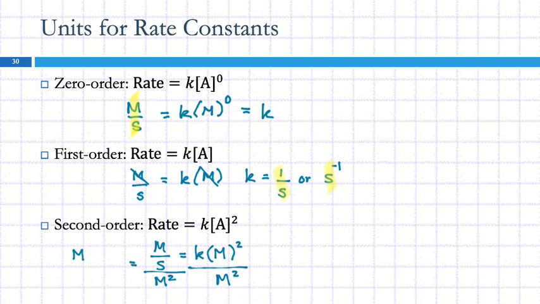That is the same as molarity over seconds times molarity squared. You may think, well, that doesn't look much better. No, it doesn't. But we can take the molarity on the top and cancel one of the molarities on the bottom. So now there's a 1 up here. So here, the rate constant is going to be 1 over molarity seconds. I know, weird unit. Or molarity to the minus 1, s to the minus 1.